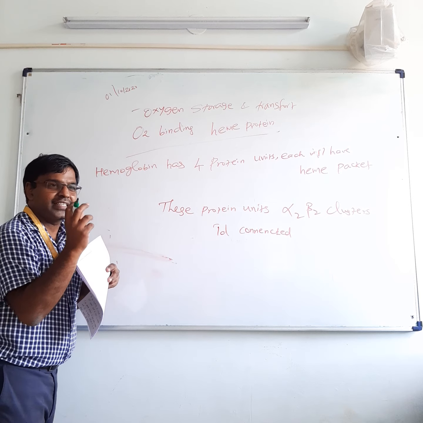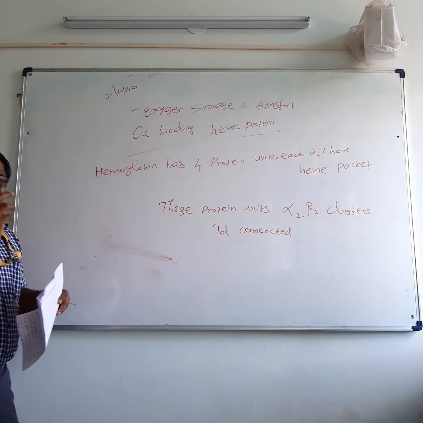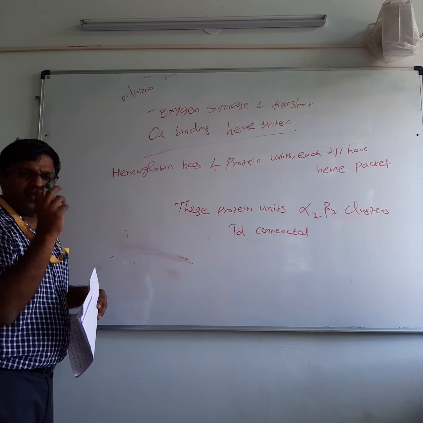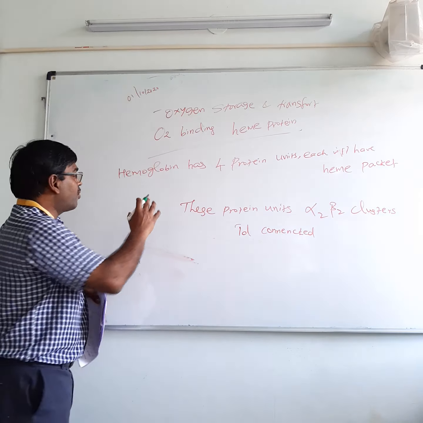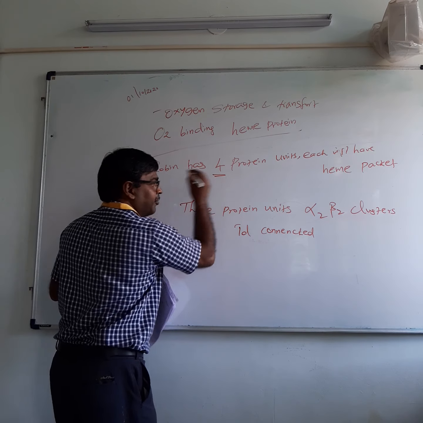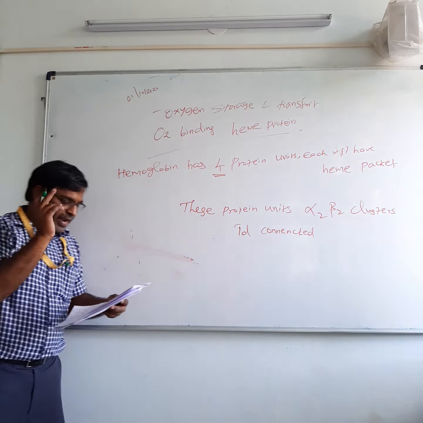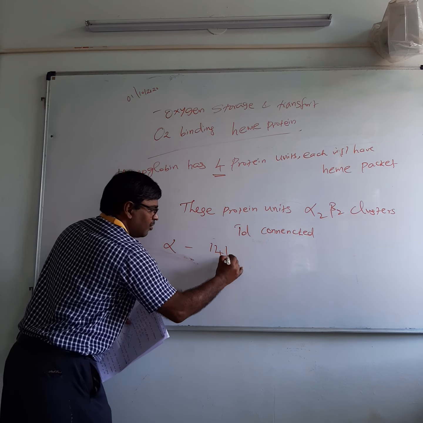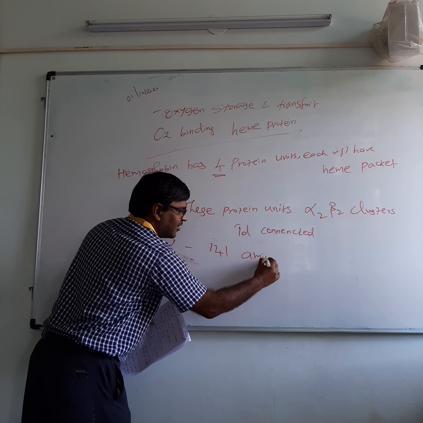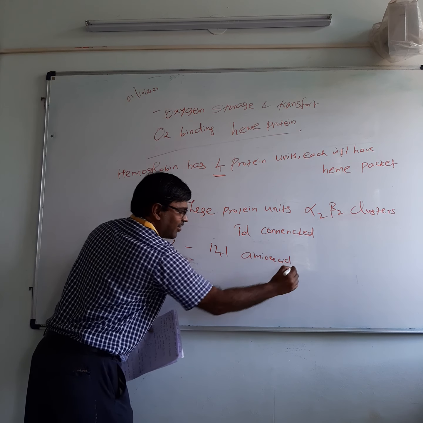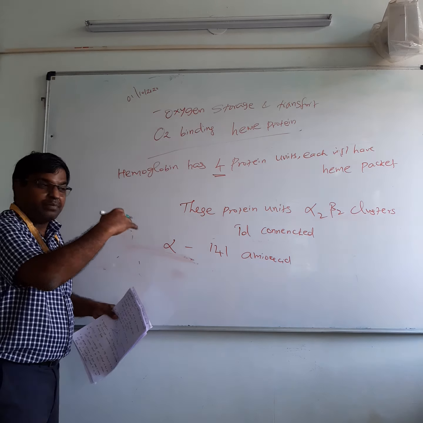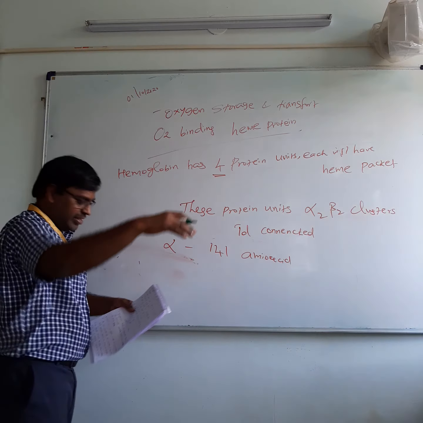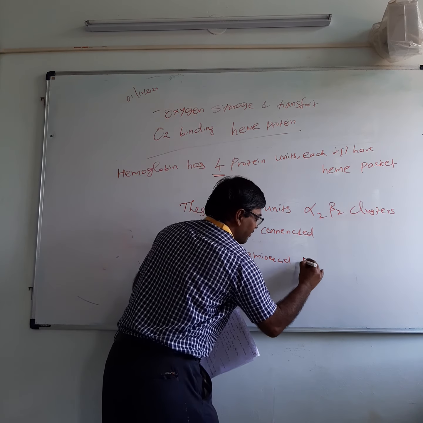That means hemoglobin should have 4 iron units. That is the main concept. What is the alpha unit? The alpha unit is a protein chain of 141 amino acids.